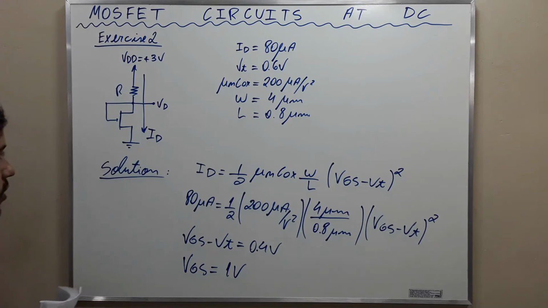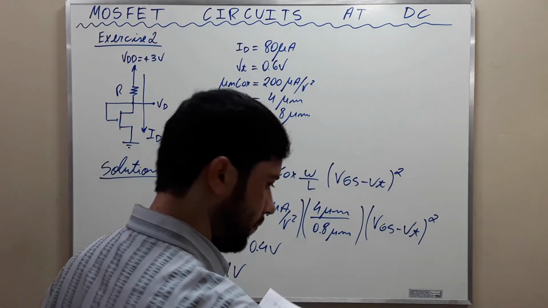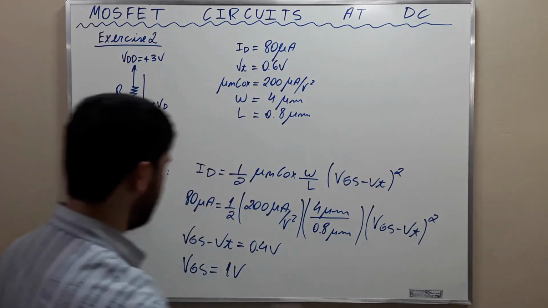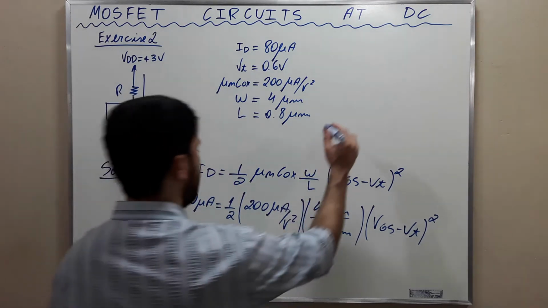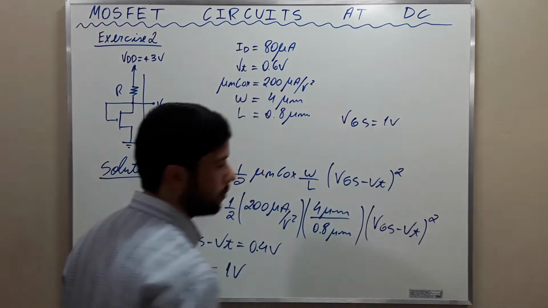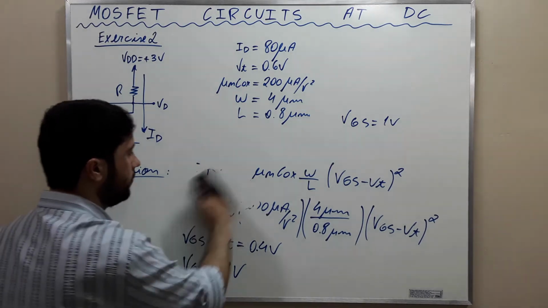Okay, this is the value of VGS. Keep this value here, okay? It is important. VGS equal to 1 volt. I'm going to erase it here for the next calculation.